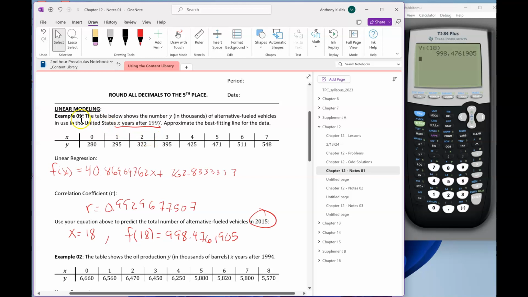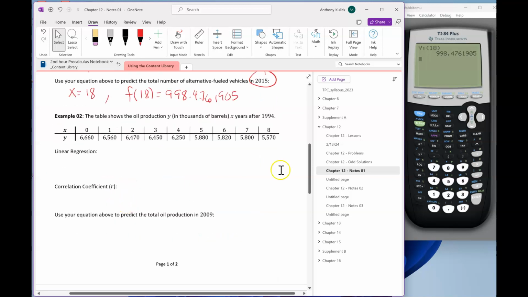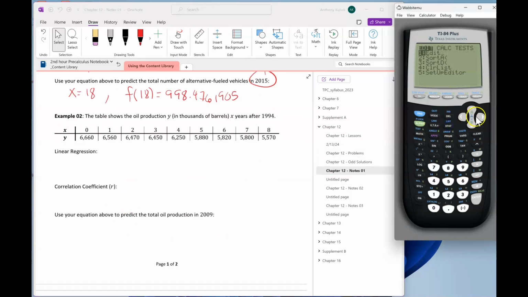Read the X, years after 1997. 2015 is 18 years after 1997. All right. Oh, that's true. I didn't do this. I'm on to the next one.